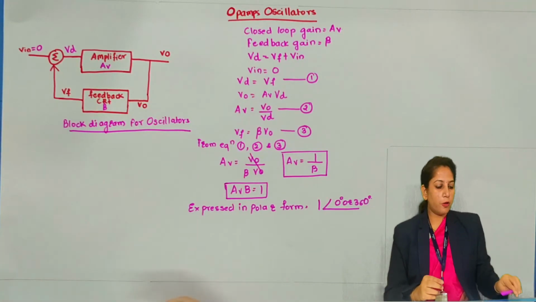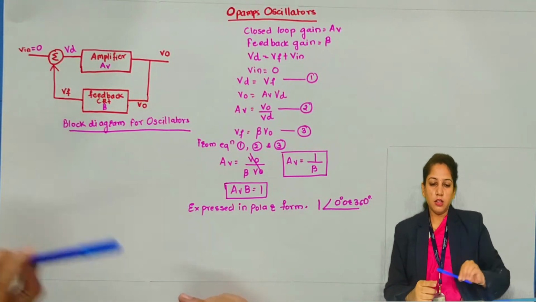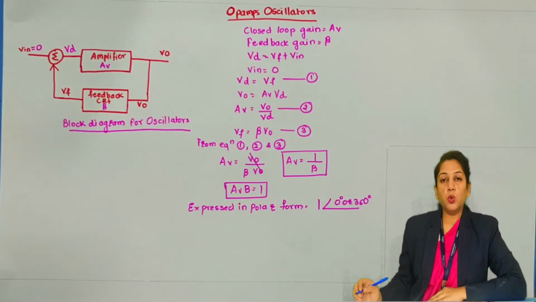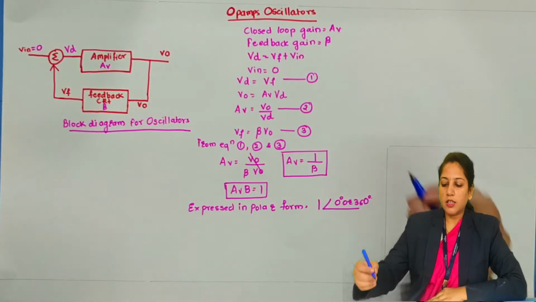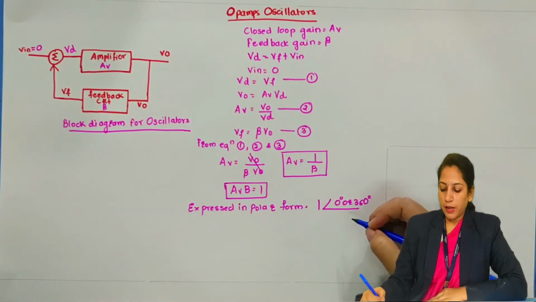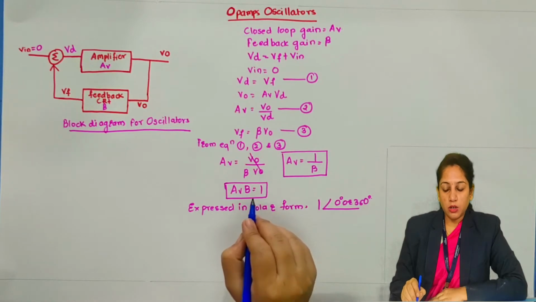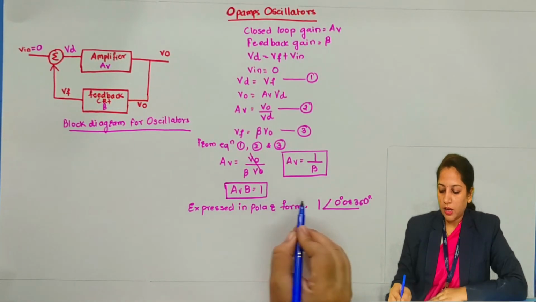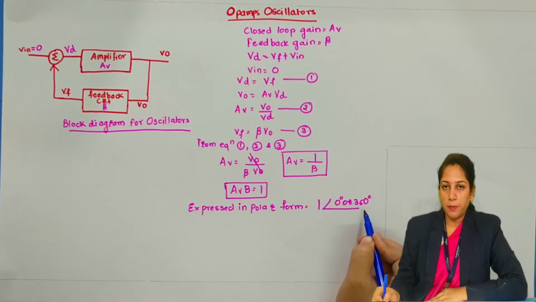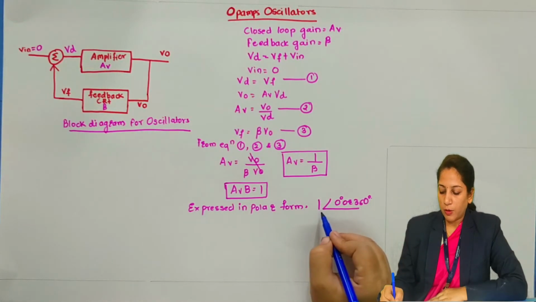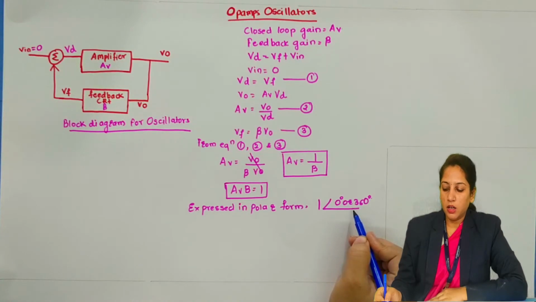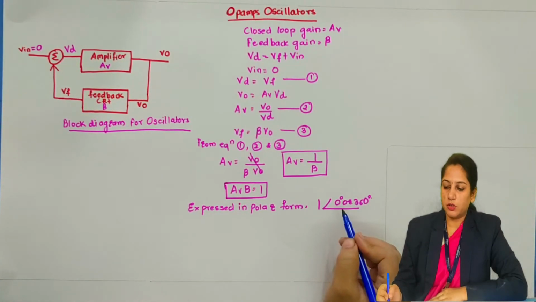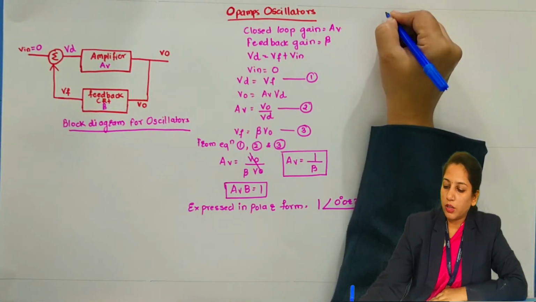From this we will conclude the two requirements of oscillations. In this derivation we have derived the loop gain, which is equal to 1, and we have also expressed it in polar form and got some angles here. So we have got two requirements of an oscillator. What those requirements are, we will write here.